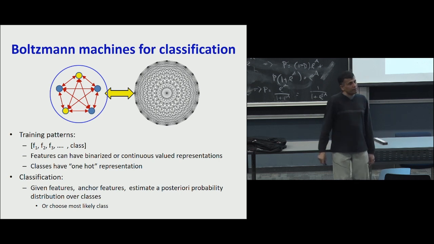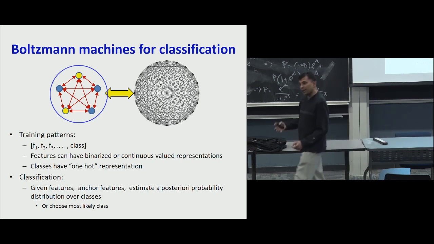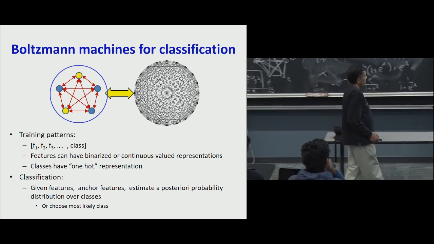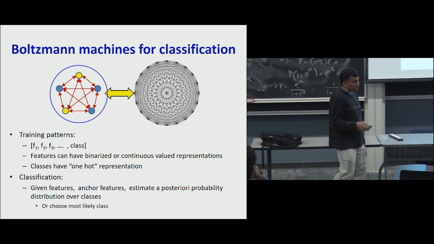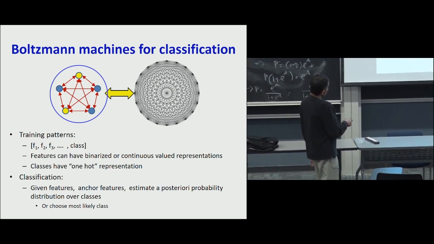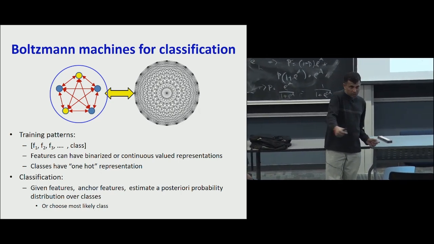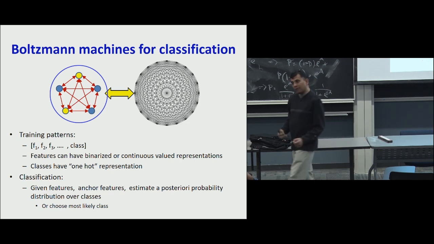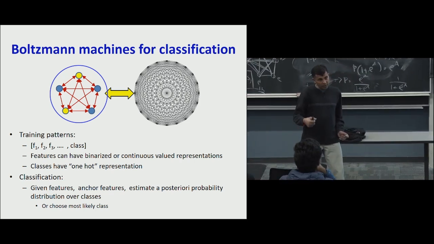Now we can use this for classification. Everything we said, we're just talking about generic settings of networks, right? But how can I use this for classification? Now, I can have a bunch of features, but then I create an extended pattern, which is the set of features which could be real valued numbers which I've discretized. Or there are variants which actually allow you to have real valued features.